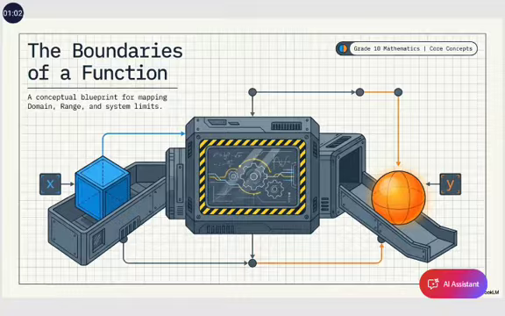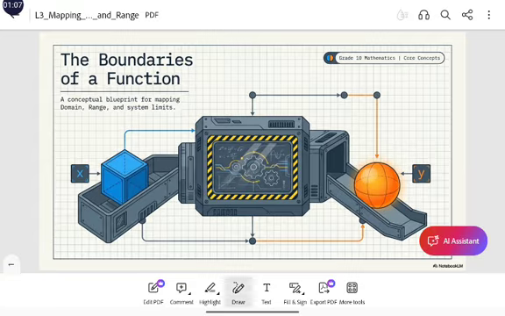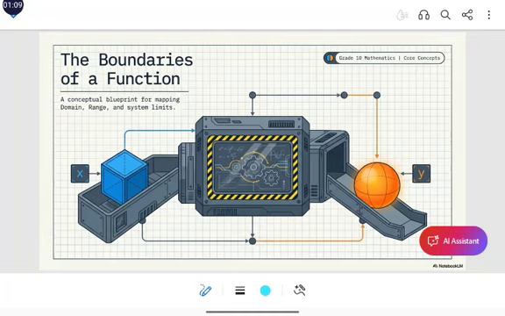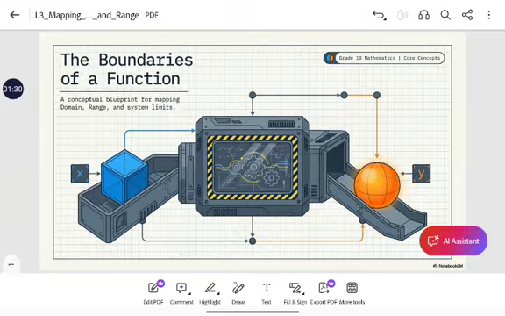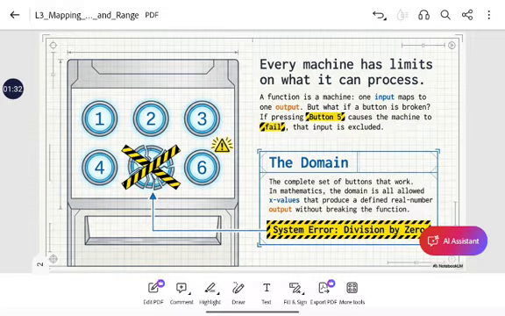Good. So this is the system of a function. Let's consider a function as a machine.